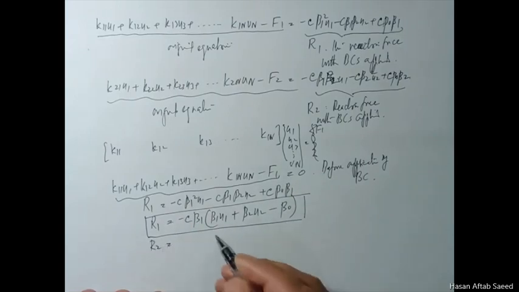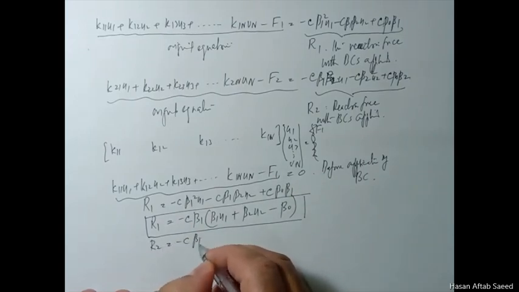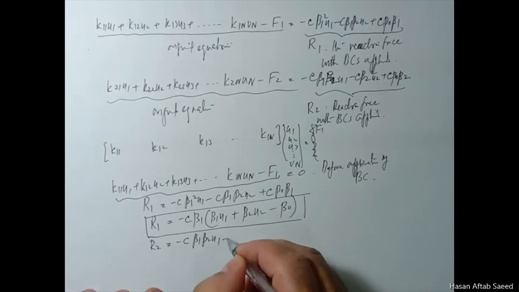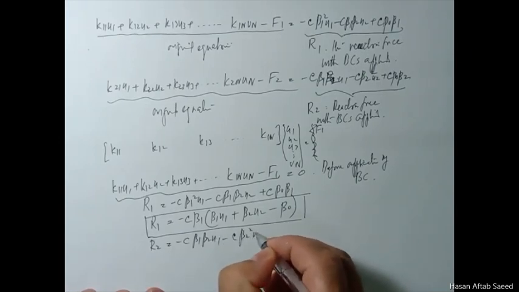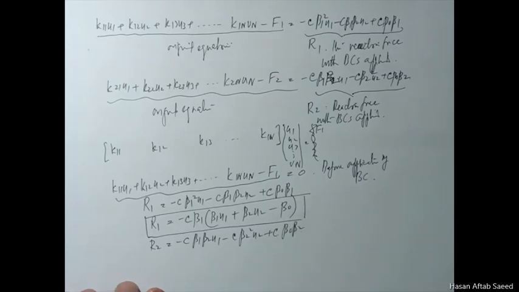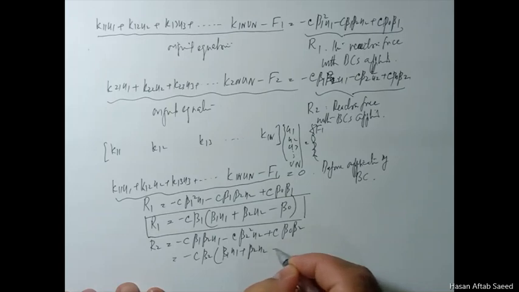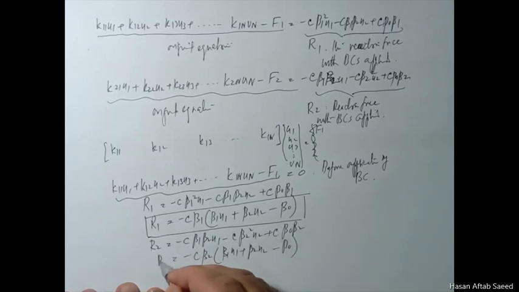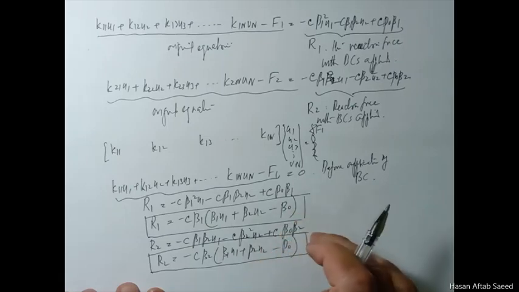Then R2 again is minus C beta 1 beta 2 U1 minus C beta 2 square U2 plus C beta naught beta 2, again written in a slightly different form, minus C beta 2 times (beta 1 U1 plus beta 2 U2 minus beta naught). This is how you calculate the reaction force 2. Now, why did we write it in this form?